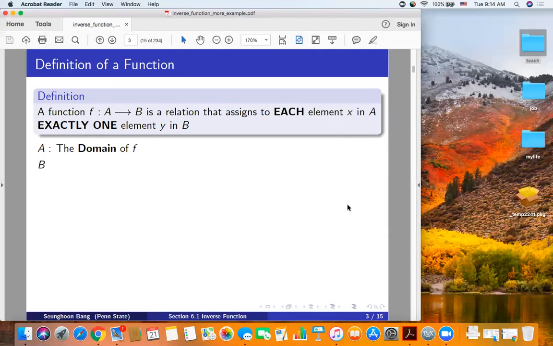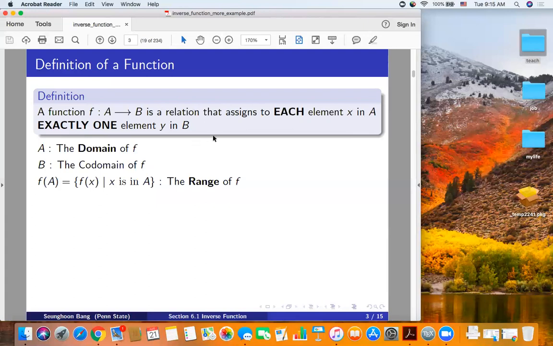B is the codomain of f. f of A is the set of all function values f of x such that x is in the domain A. We call f of A the range of f. So we have this kind of terminology.